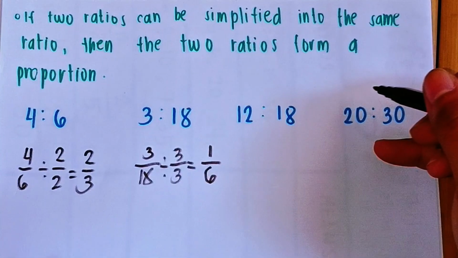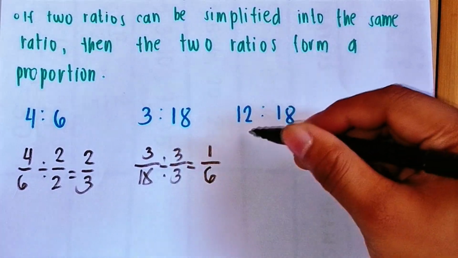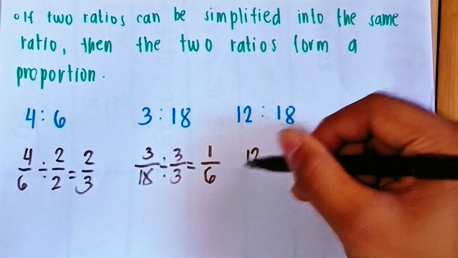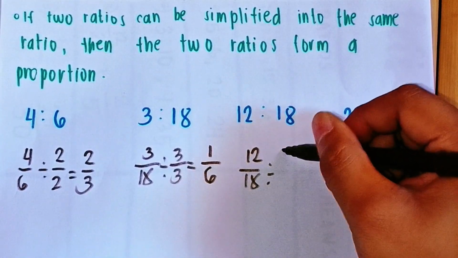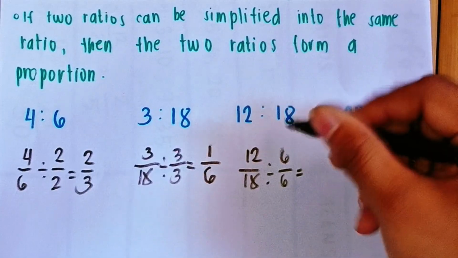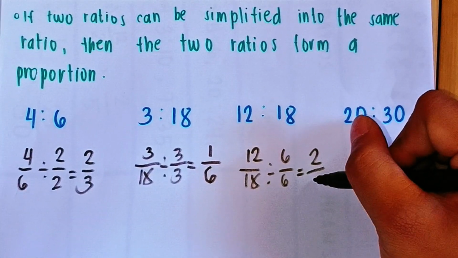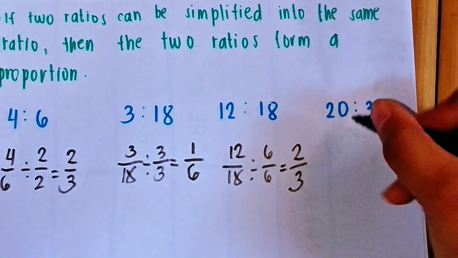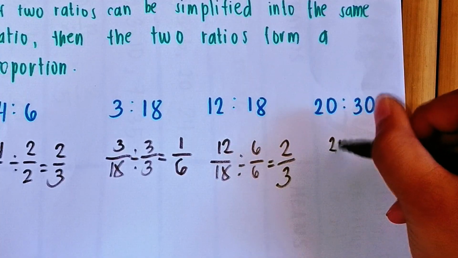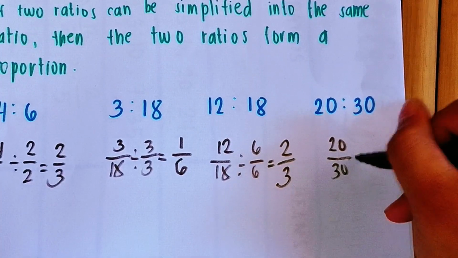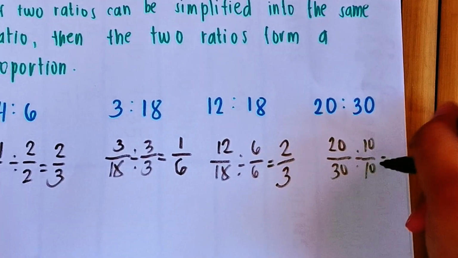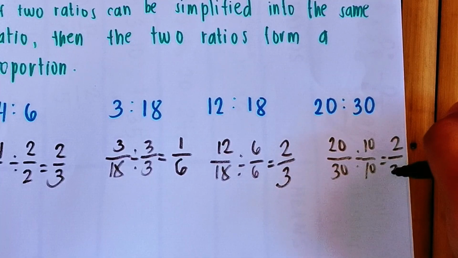Next one, we have 12 is to 18. We can divide it by 6. So we will get 2 is to 3. And lastly, we have 20 is to 30. We can divide it by 10. So we will get 2 over 3.